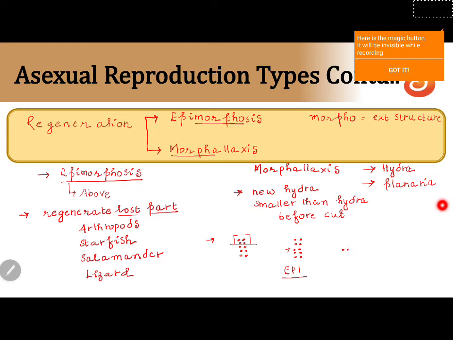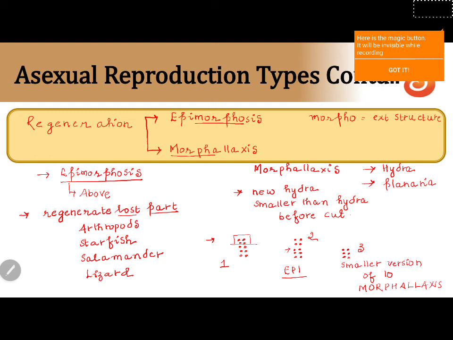But in case of morphallaxis, the rest 6 will reorganize to function as a smaller version of 10. So functionally they are like the first one. In case of morphallaxis, the existing 6 are working like 10, like the first one.